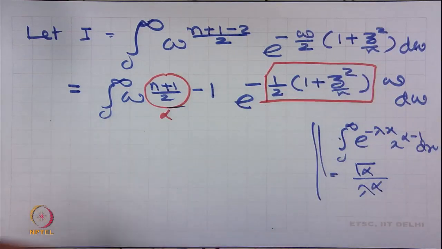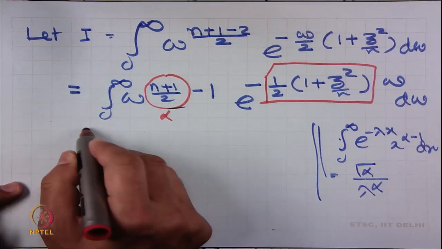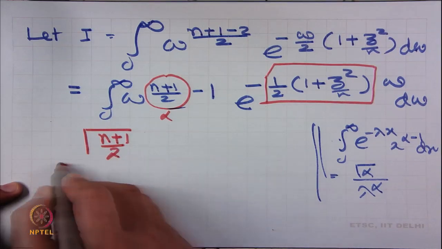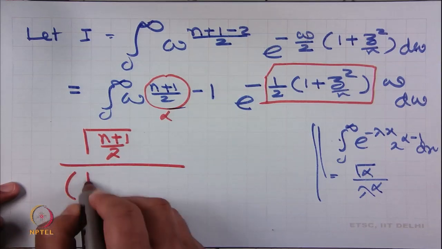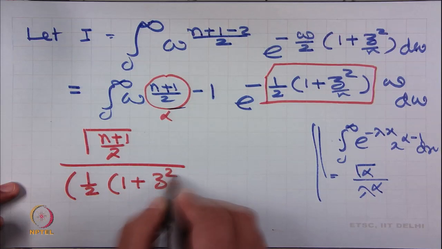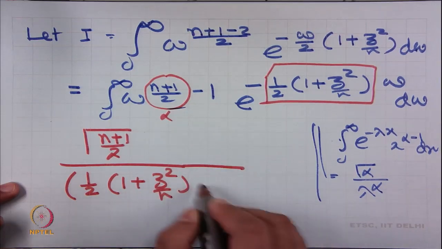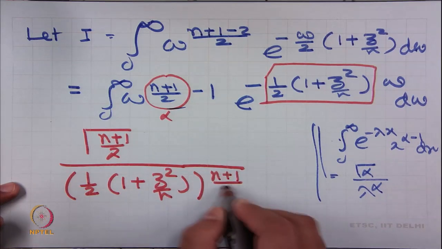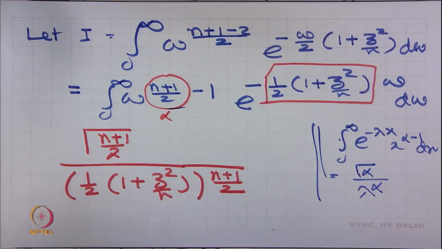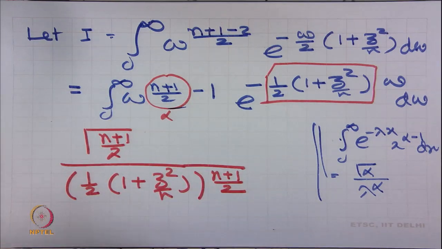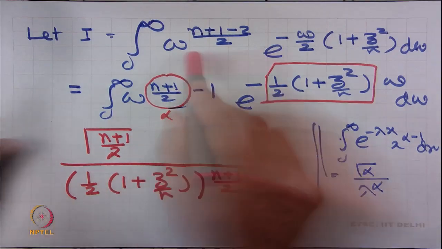Therefore, this integration is coming out to be gamma of n plus 1 by 2 divided by half into 1 plus z square upon n, whole to the power n plus 1 by 2. Okay? So, this is the integral of this part.